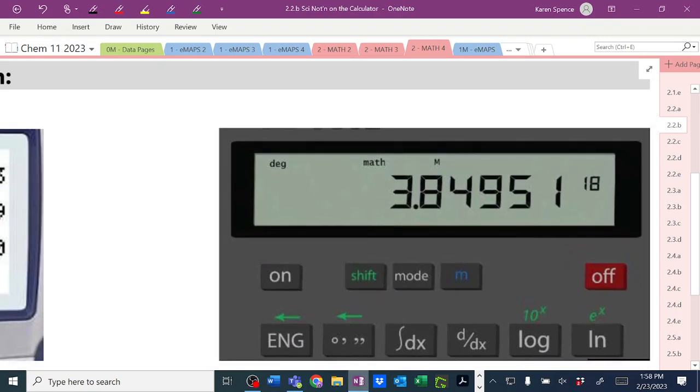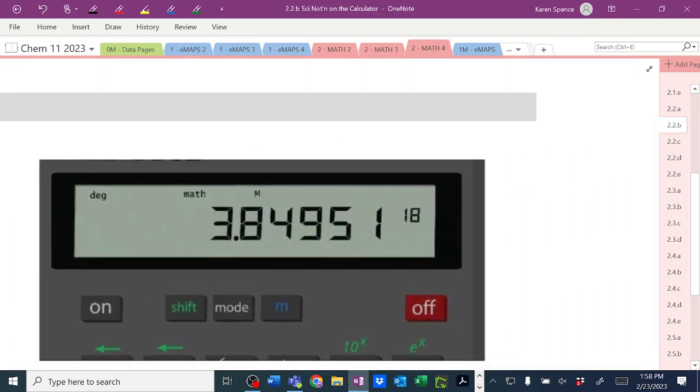And just because we can, I wanted to show you this. This number here means 3.8495 and 51. This number over here means times 10 to the 18. Some calculators don't show you the times 10. They'll just throw that 18 over there and expect you to know that means times 10 to the 18.